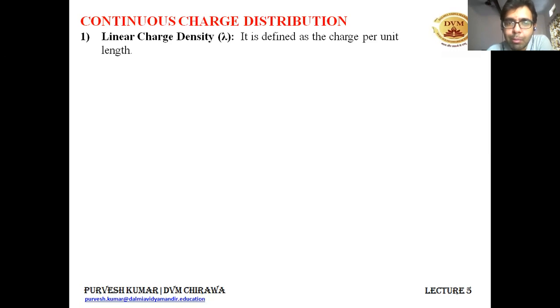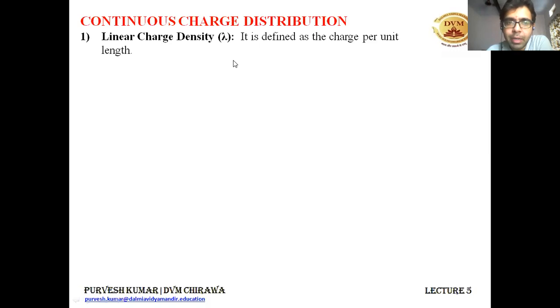It is denoted by lambda. The definition of linear charge density says that it is the charge per unit length. So for example, if we have a conductor, which is a straight wire, and on that straight wire, a large amount of charge is distributed linearly. So we take a quantity, the linear charge density lambda, the charge distributed in its unit length.